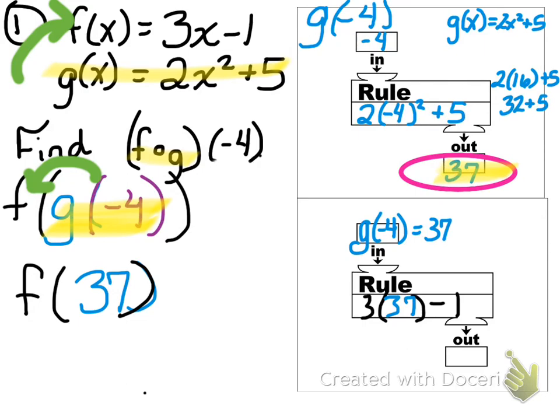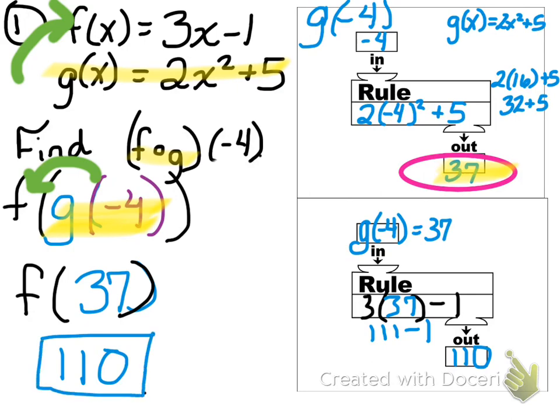So we have 3 times 37 minus 1, and 3 times 37 is 111. So we have 111 minus 1, or 110. Now, there's no place else for me to plug that in, so that's our final answer.